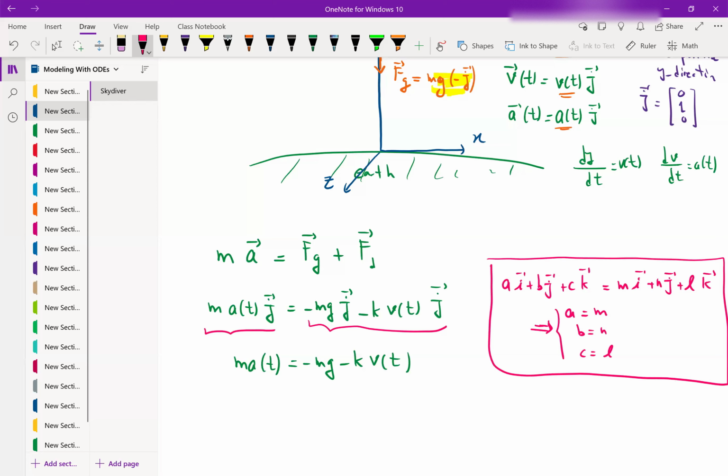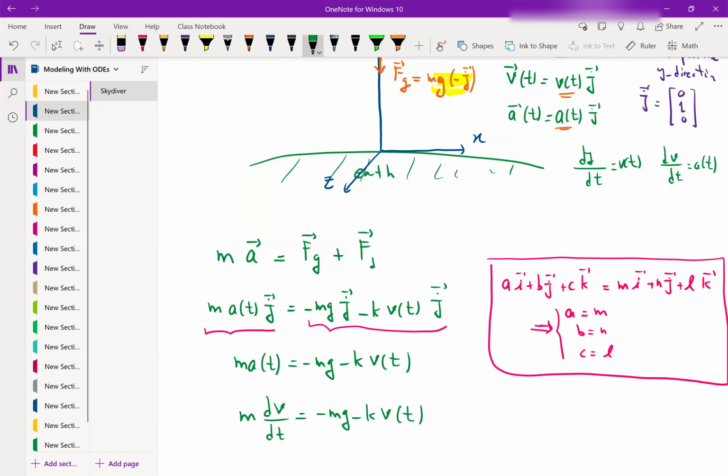But here we are interested in velocity, so I'm going to replace a(t) by the first derivative of the velocity. So the left-hand side is m dv/dt, and the right-hand side is negative mg minus k v(t). Now we have a first-order linear differential equation for the velocity of the skydiver.